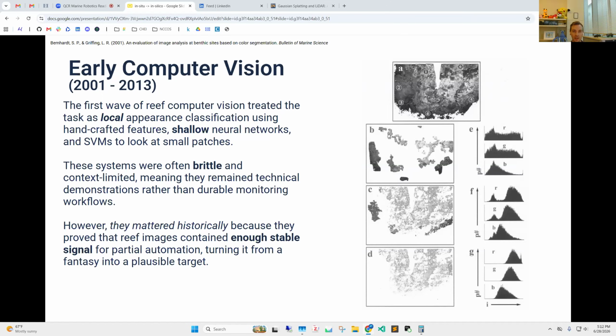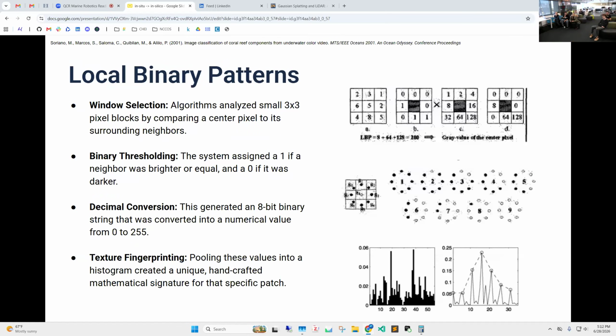And because they lacked broader context, these techniques were fairly brittle, and they mostly remained as technical lab demonstrations, incremental progress, but nothing that could be scaled, not yet. But they were still historically vital because they proved that reef imagery contained enough stable data to make automation a plausible, realistic goal. They contained some signal that computer vision algorithms could potentially learn.